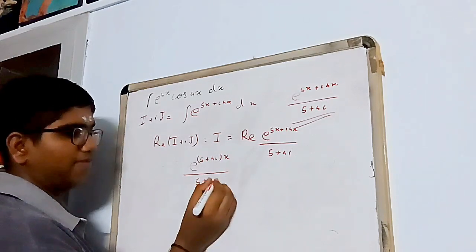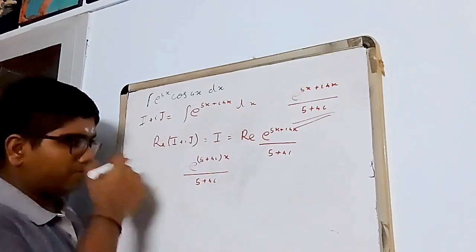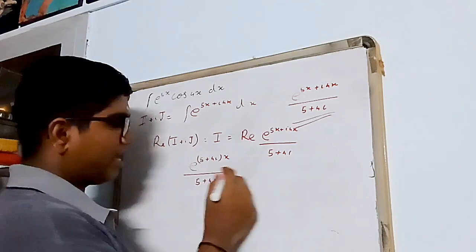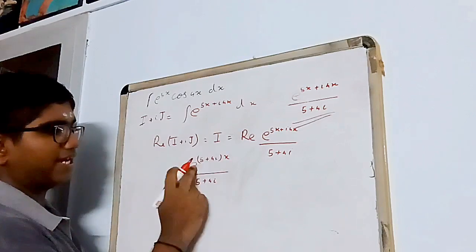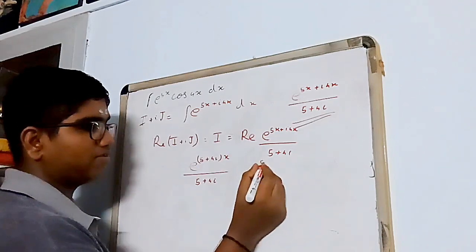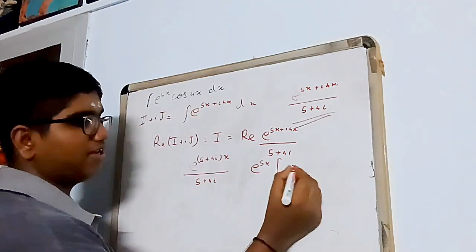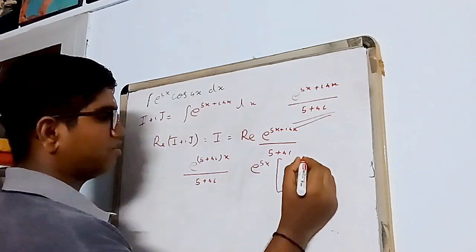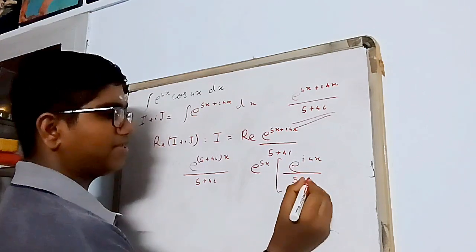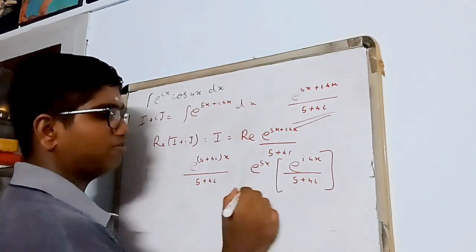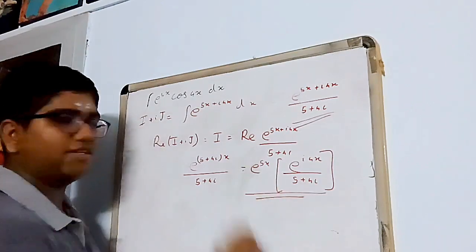Now to get the real part of this, I will probably do one more thing. e raised to 5x I can take out common, times e raised to i4x by 5 plus 4i. Now we can simplify this expression to get the answer to our question.